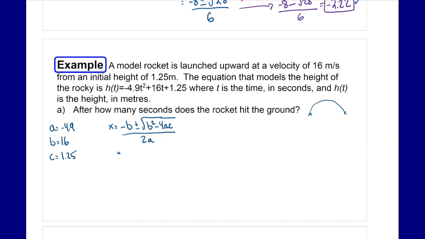We have negative 16 plus or minus the square root of 16 squared minus 4 times negative 4.9 times 1.25, divided by 2 times negative 4.9.